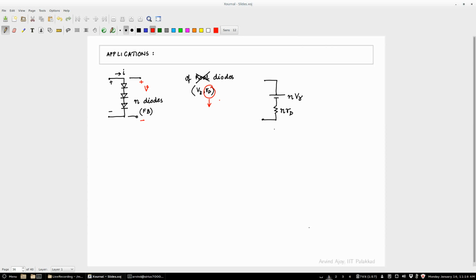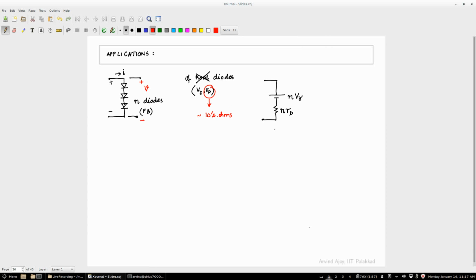This would be N. What is your magnitude for R_D? How did we work out R_D last time? Very roughly, right? It will be of the order of some tens of ohms. So depending on what the value of N is, it will be N times that.